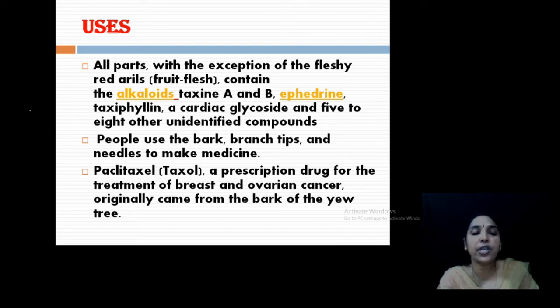A very important point is paclitaxel or Taxol, a drug usually given for breast and ovarian cancer. And recently there were some reports in India that Dabur Ayurvedics got a patent for a medicine from Taxus baccata for the treatment of cancer.